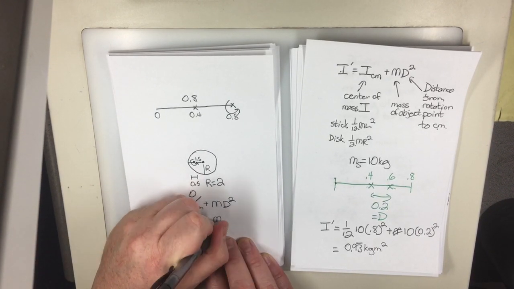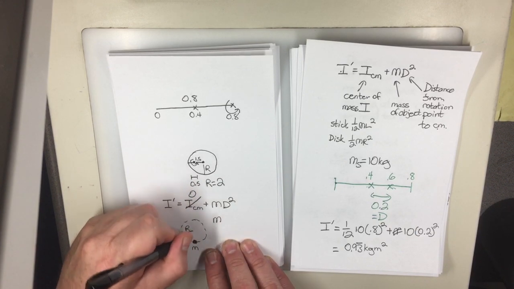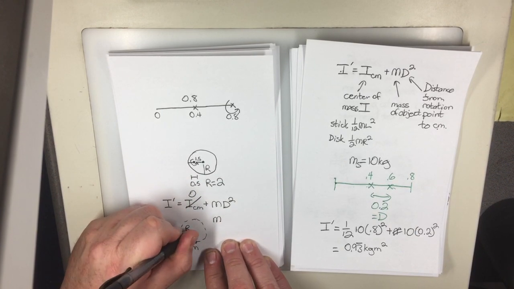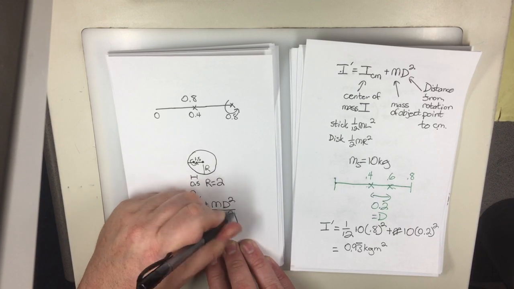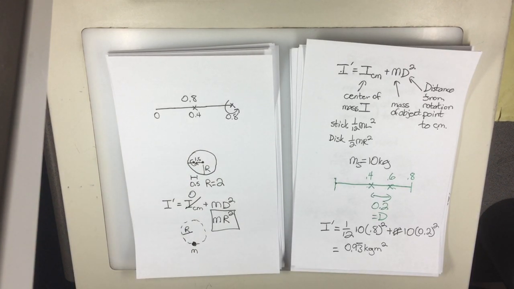So you're just left with m, and then the distance from the center of mass to its rotation point is r. So that's why the moment of inertia of a point particle is mr squared. Mr squared is a point particle having the parallel axis theorem applied to it. You're already using it for a point particle.